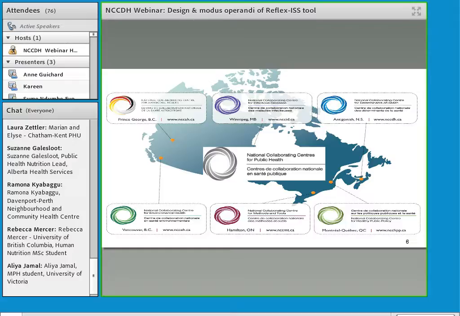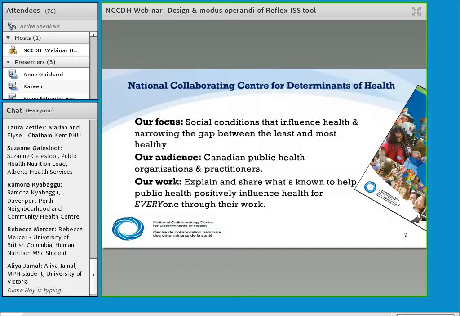As you can see on slide number 6, we have a center focused on Aboriginal health, which is out in BC, in Prince George. Another focused on environmental health, and that's based in Vancouver. We have a center focused on infectious diseases in Winnipeg, one on methods and tools for knowledge translation and evidence-informed decision-making in Hamilton, as well as the NCC for Healthy Public Policy, which is based in Quebec.